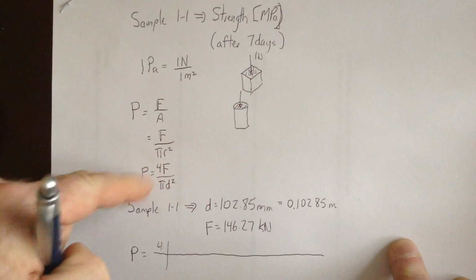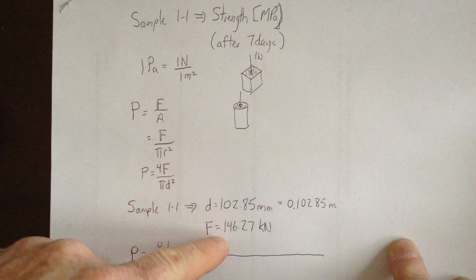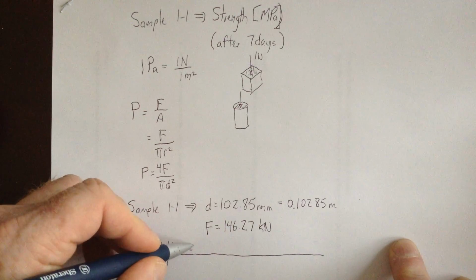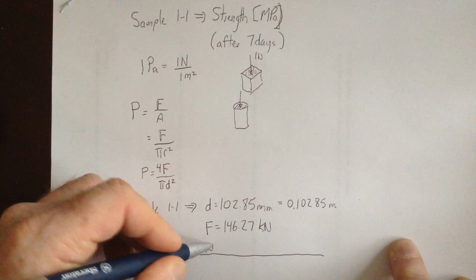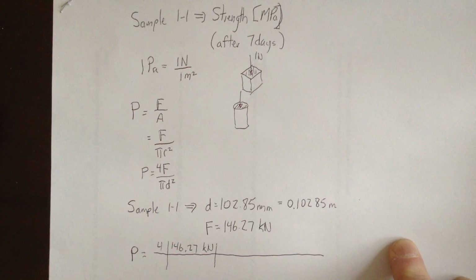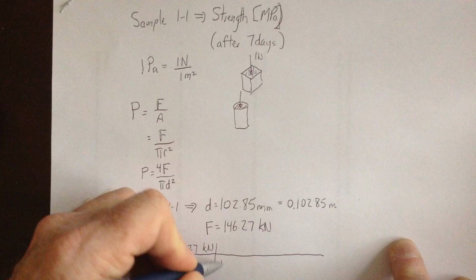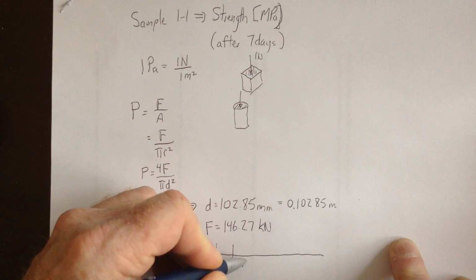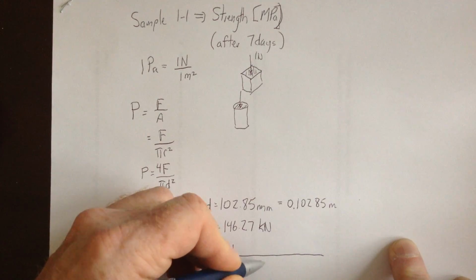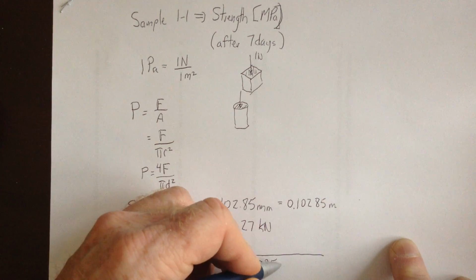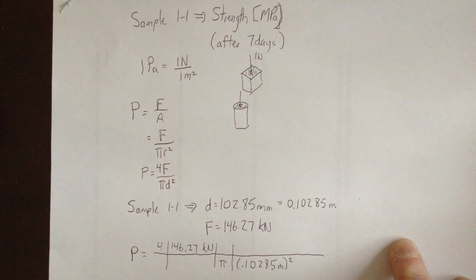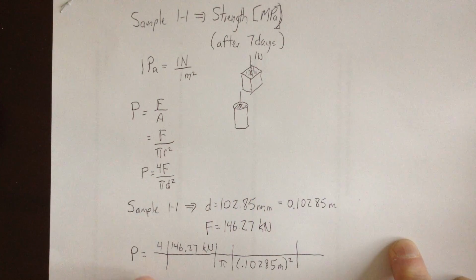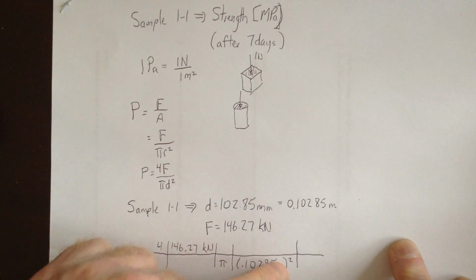With this formula, 4 times the force, which is 146.27 kilonewtons, and I'm going to divide it by pi, and then divide it by the diameter squared, which is 0.10285 meters squared. So I now have kilonewtons per meter squared.